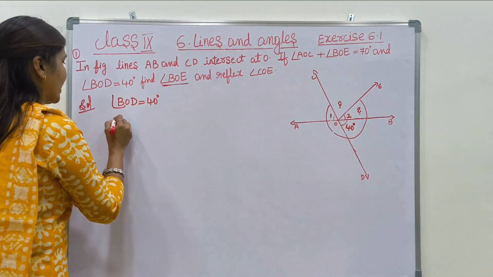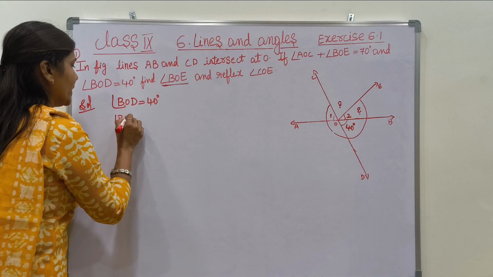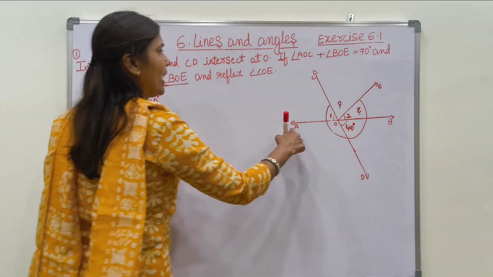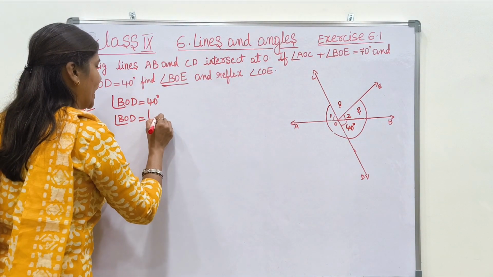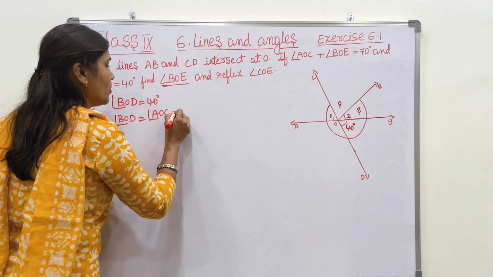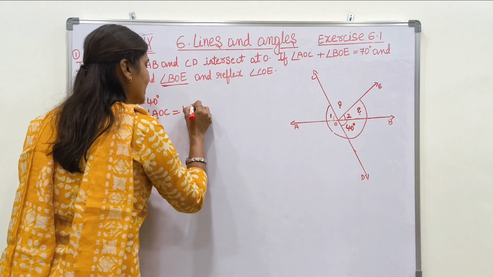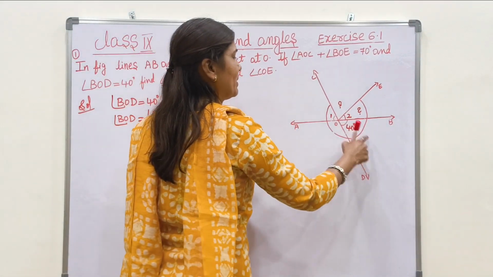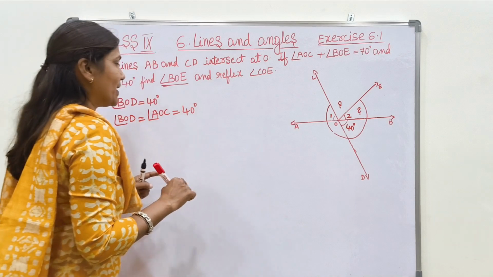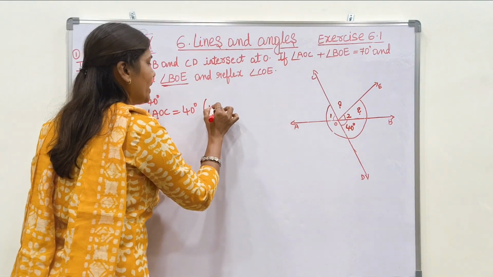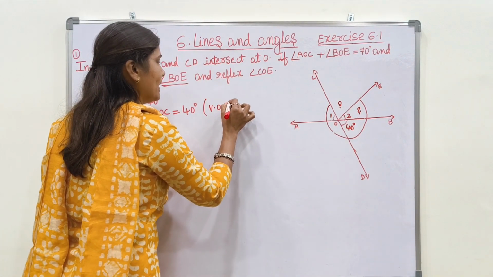So now you can write angle BOD is equal to angle AOC. Both are 40 degrees. What is the reason? Vertically opposite angles are equal.